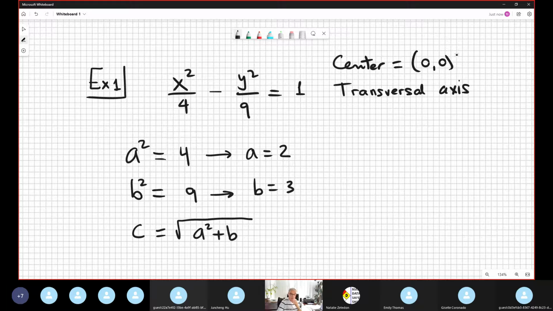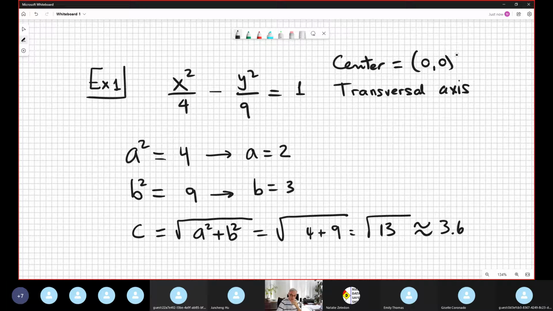This is the new formula for the hyperbola. It looks similar, but actually it's not. It's the square root of 4 plus 9, 13. And the square root of 13 in decimal approximation is 3.606. Remember, approximate to 3 decimal places.